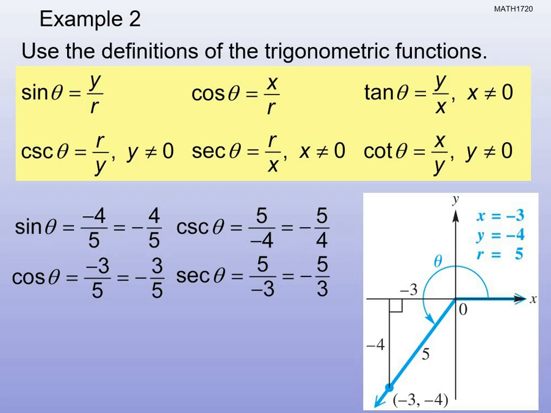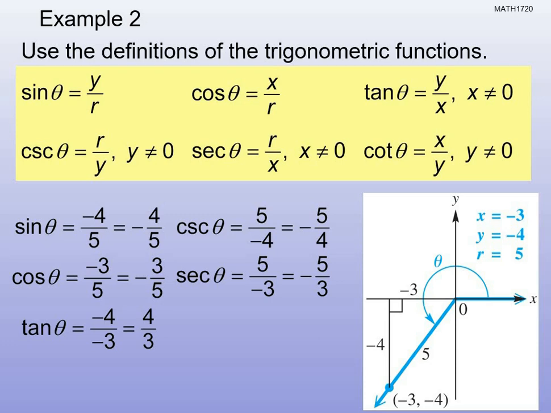Remember tangent, if you remember the old way, it's opposite over adjacent, or vertical over horizontal. When we write this out, tangent of theta is negative 4 divided by negative 3. What's a negative divided by a negative? A positive. So make sure that you keep track of that when you're in this quadrant.